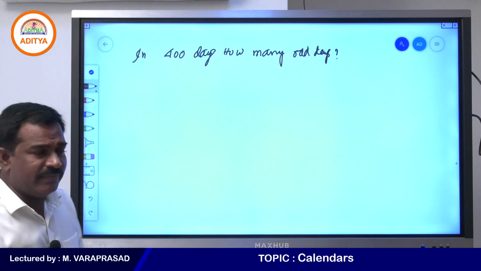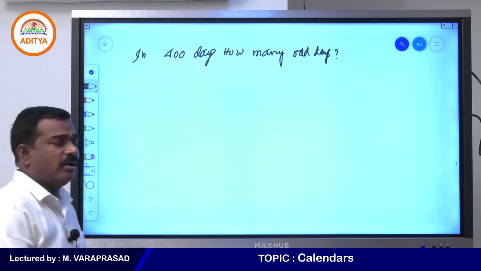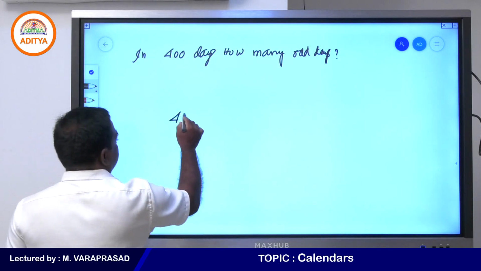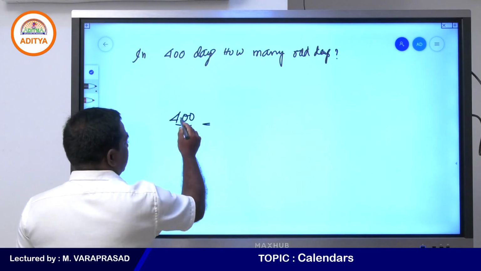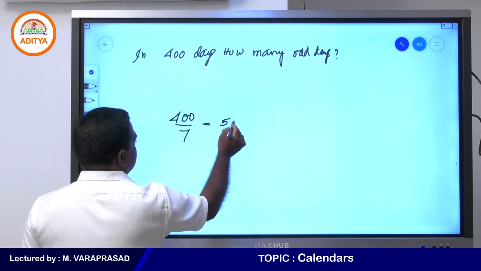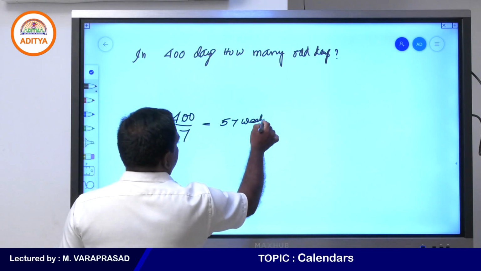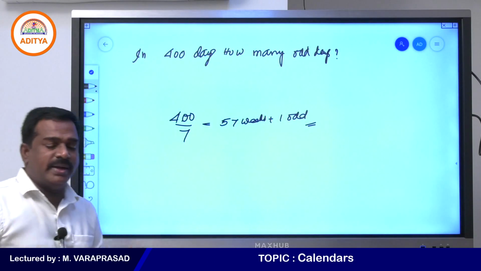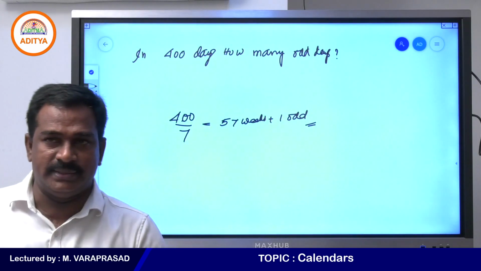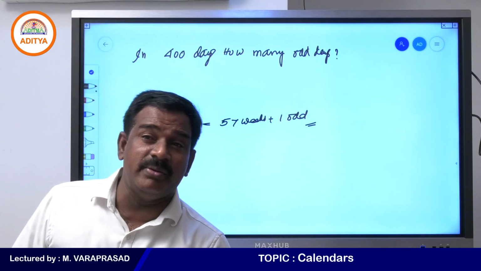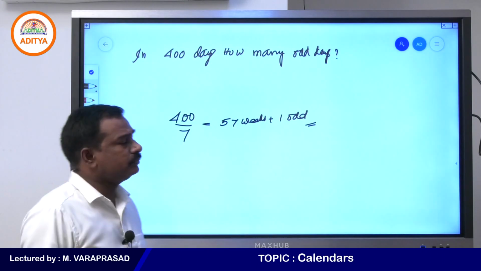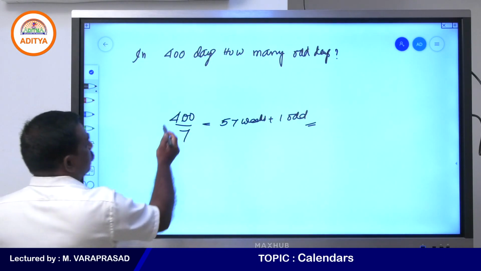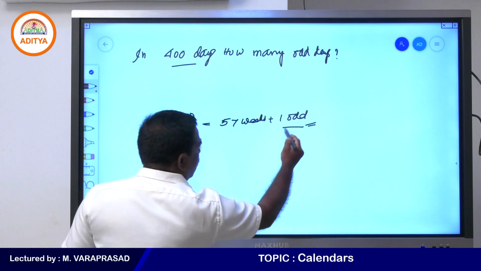When days are given, it's very easy to find odd days. Divide by 7. 7 5s are 35, 7 7s are 49, so 57 weeks plus 1 odd day. I think everybody got how to find odd days when days are given. Now, when years are given, how to find odd days? When 400 days are given, we get 1 odd day.